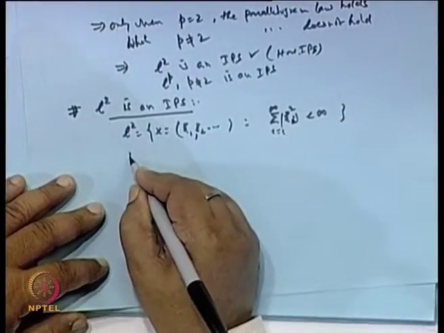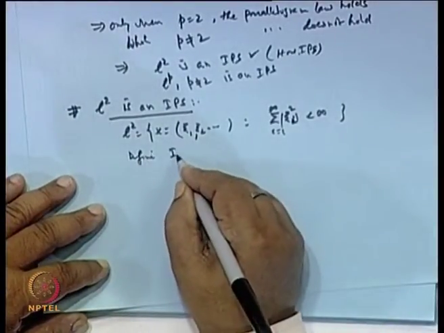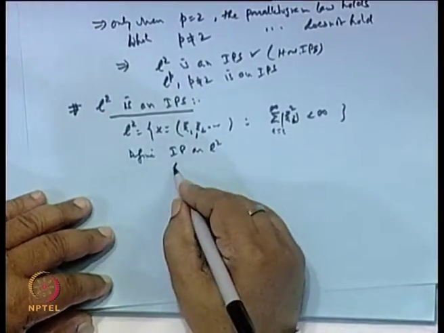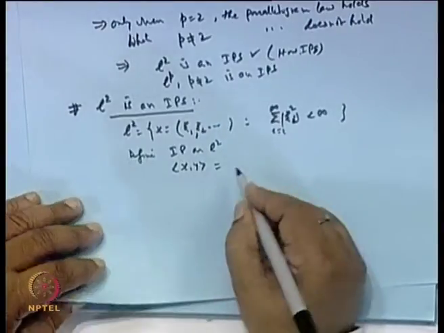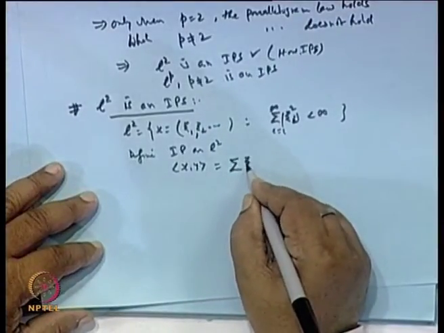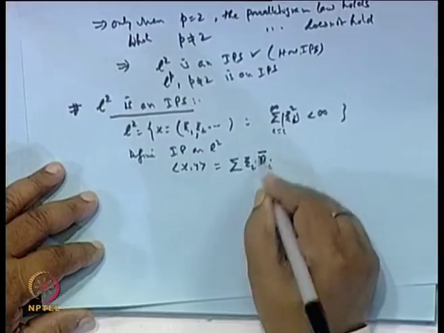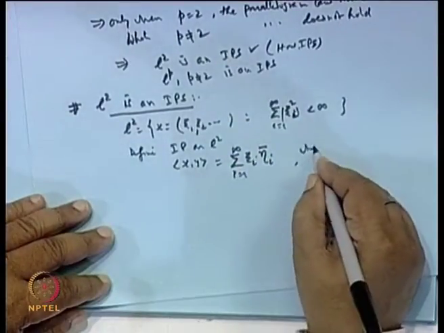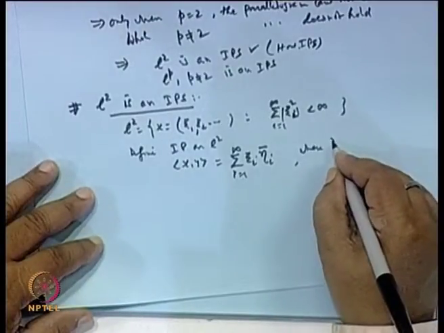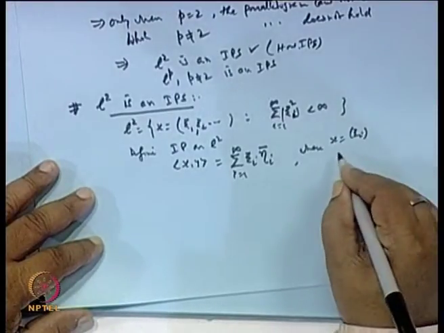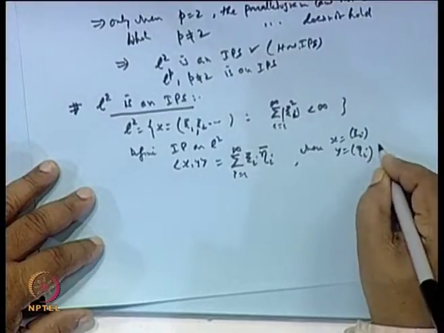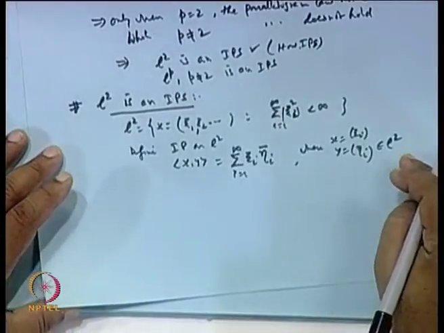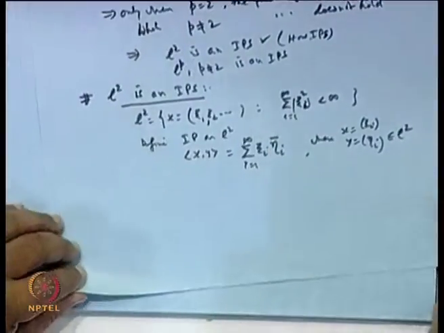Now, define the inner product on L2. So, the inner product of x and y, I am defining as sigma xi eta i conjugate, i is 1 to infinity, where x is xi i, y is eta i, belonging to L2. Okay. Now, this may be complex, that is why conjugate is there.